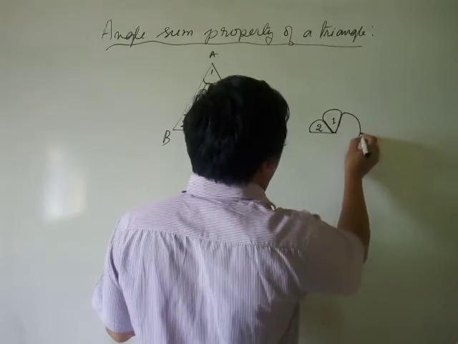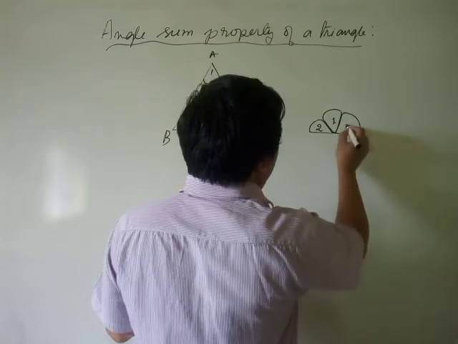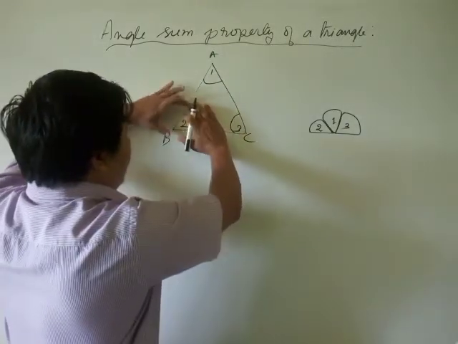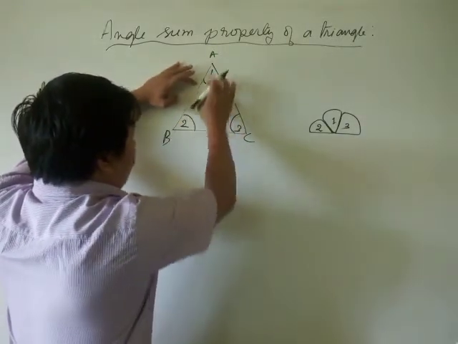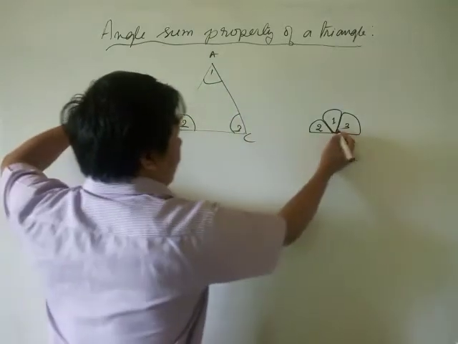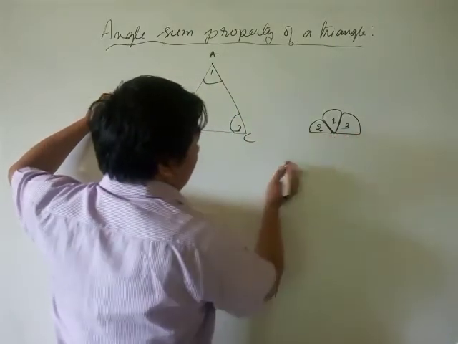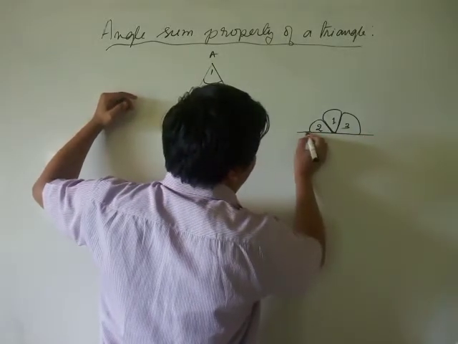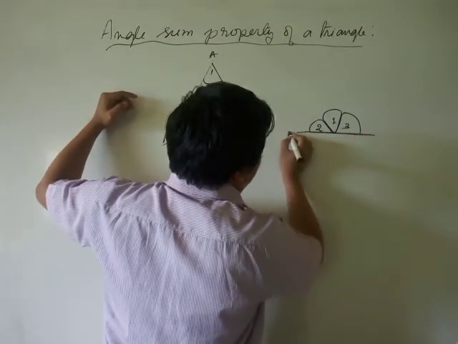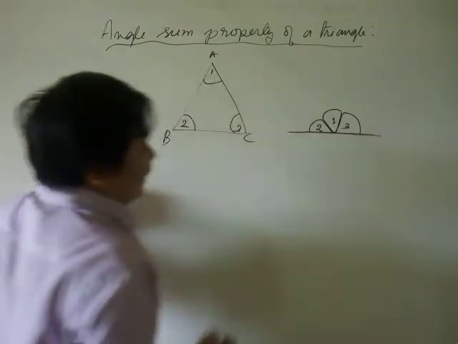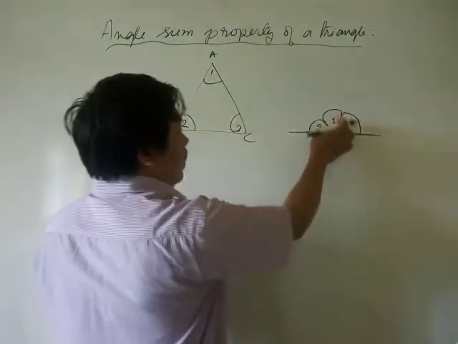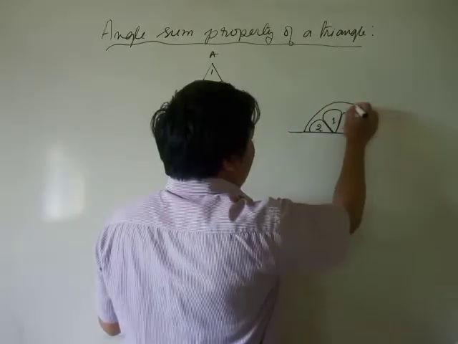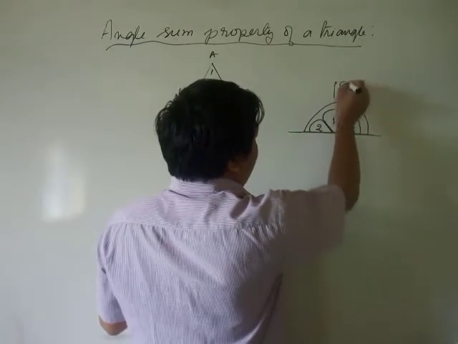So when we cut these parts of the triangle, angles 1, 2, 3, and join them together with the edges like this, they will form a straight angle together. You can see the straight line, isn't it? They will form a straight angle when we place them together in such a way. Then the total angle of this straight angle is 180 degrees.